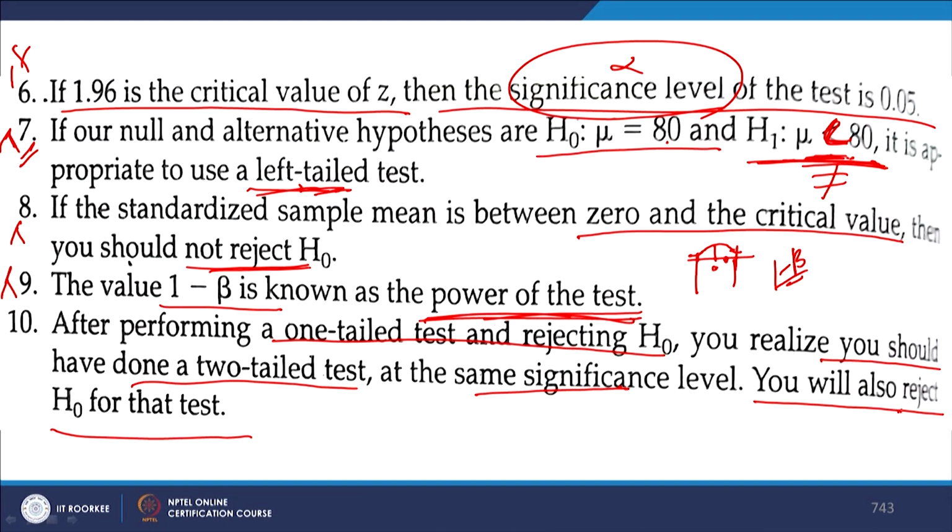Do you think the result would remain the same or be different? Would you still reject the null hypothesis? This is false; your answer may change, because you will have two rejection regions in this case. In fact, it will change, so this is false, right.